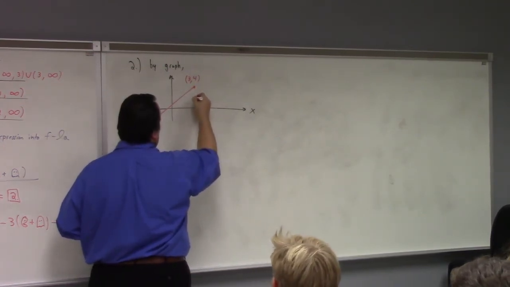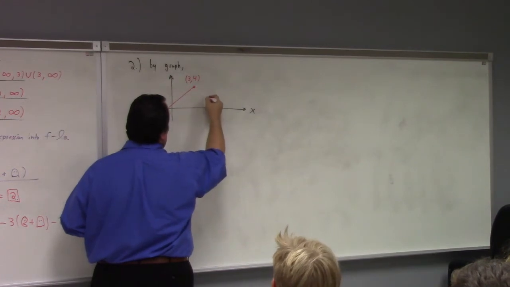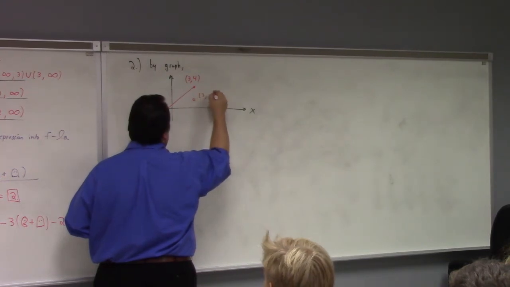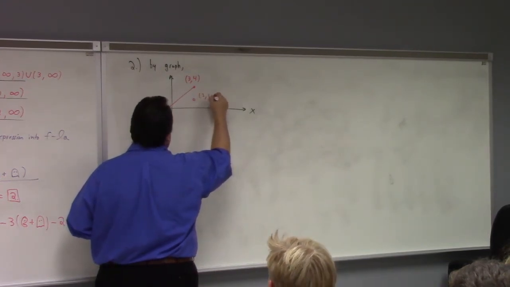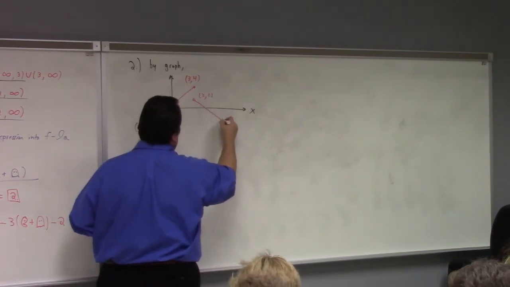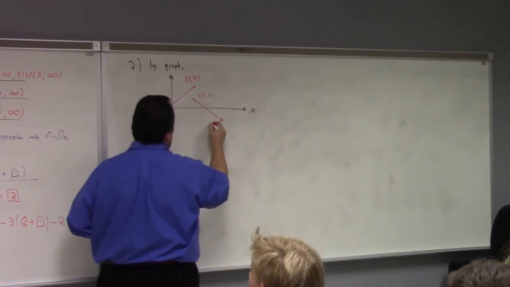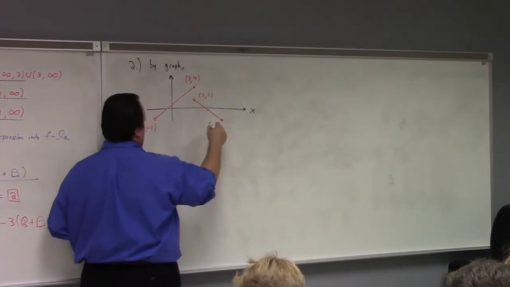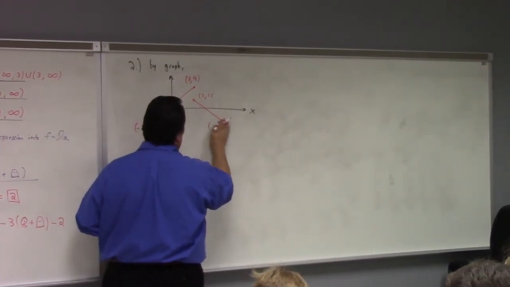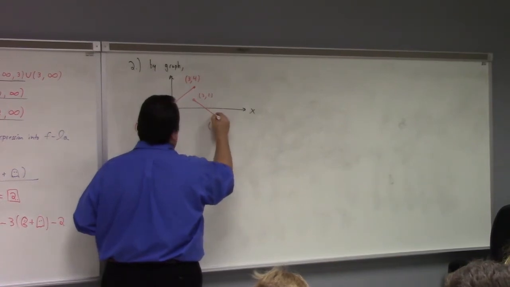Then I'm going to jump over here. Well, I should write under here. So this point right here will be 3, 1. And then I'm going to go down here like this to this solid dot, a little bit up.